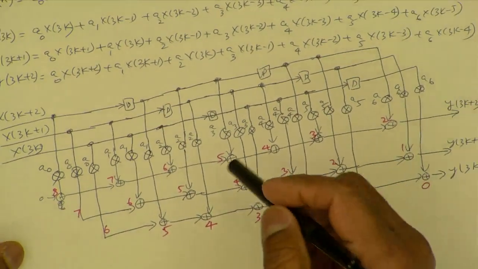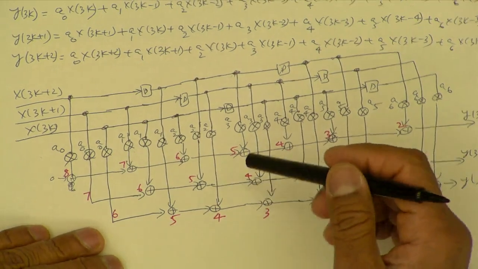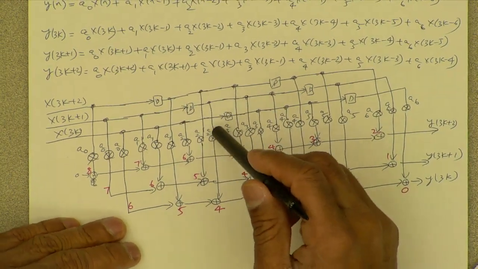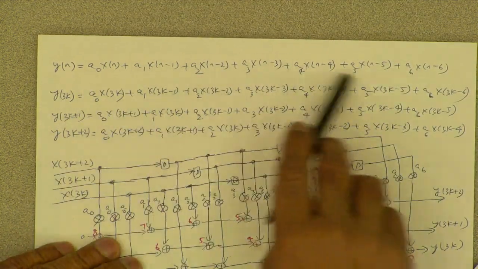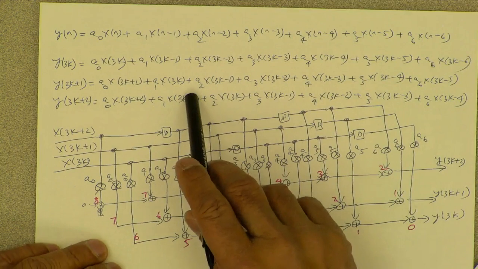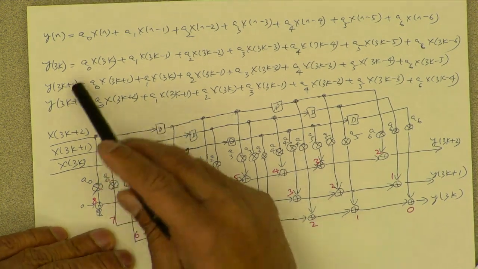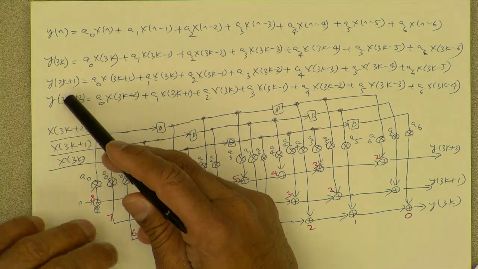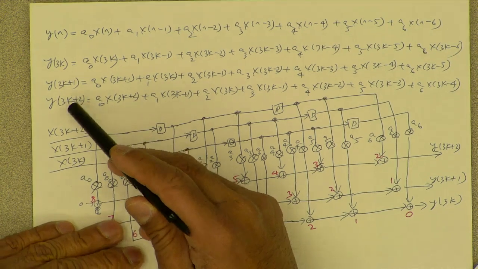First of all, think about 3 unfolding. Instead of thinking about the single equation of the 7-tap filter, think about an unfolded program where we have 3 iterations being computed at the same time. So y3k, y3k plus 1, y3k plus 2 are being computed at the same time.